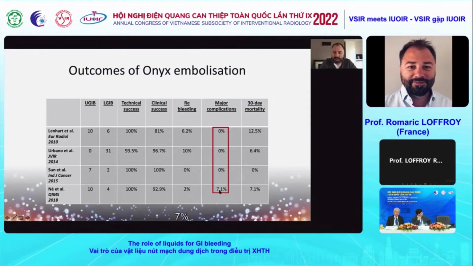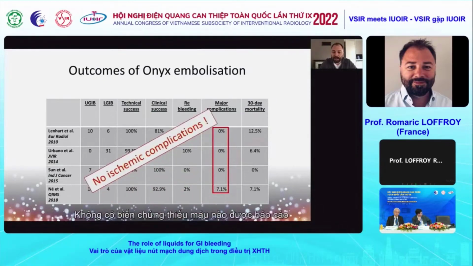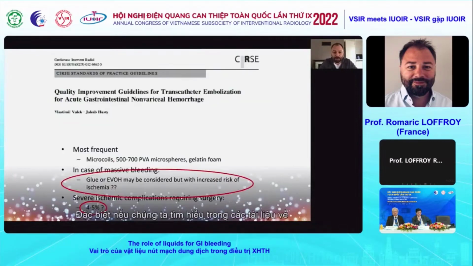We got 7 major complications, but unrelated to embolization, and no ischemic complications reported in these different series, meaning that maybe the risk of ischemic complications, which is already very, very low with cyanoacrylates, is maybe even lower with copolymers, which is really very interesting.